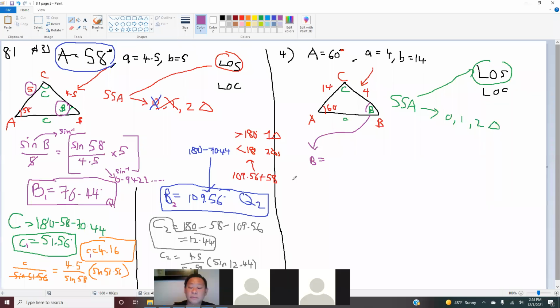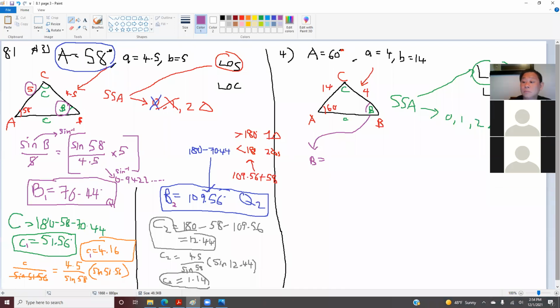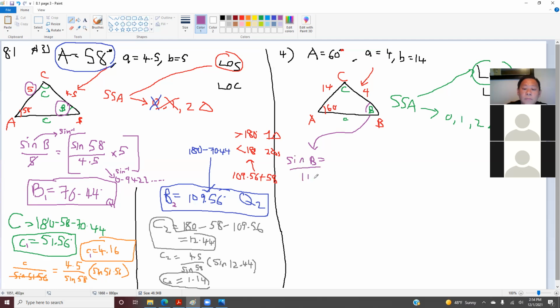Henry, what did you get? Is it sine B over 14 equal to sine 60 over 4?